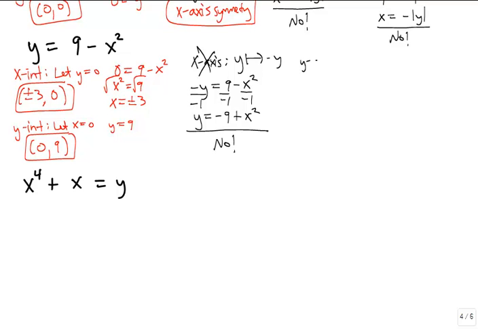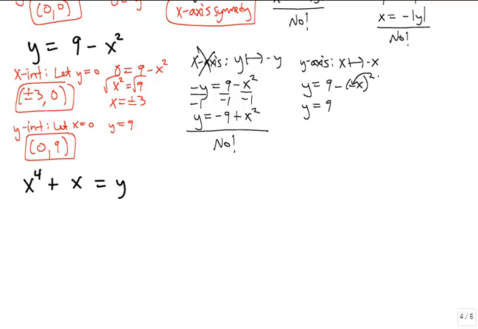Let's try y-axis symmetry. So I'm going to replace x with minus x. So the y doesn't get touched, it stays the same. And the x, using parentheses, gets replaced with a minus x. Now because that's an even power, the square is going to obliterate that negative inside of the parentheses.